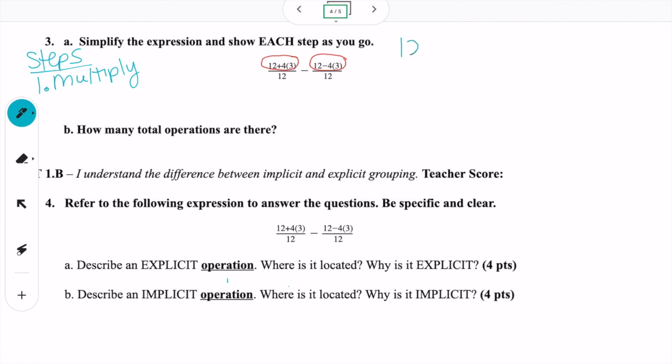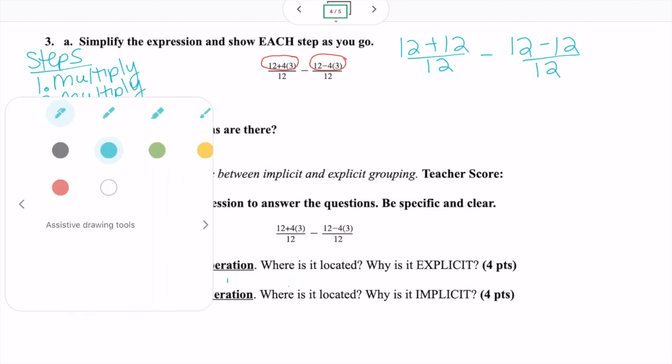We have 12 plus 12 over 12. That was one of my multiplications, and I'm also going to multiply on the left. 4 times 3 is 12 as well, so 12 minus 12 on the left. Not only did I multiply twice, I'm going to list it twice.